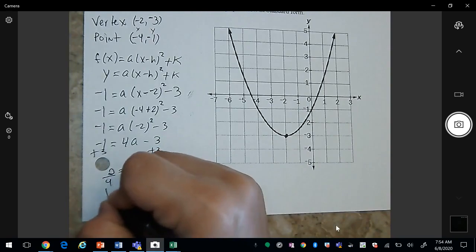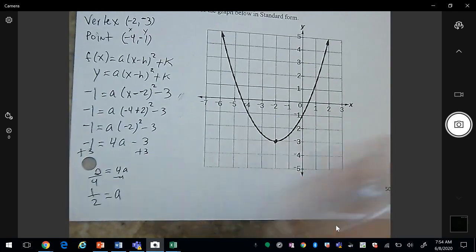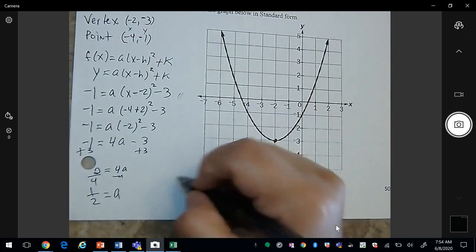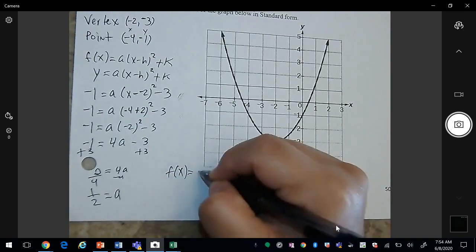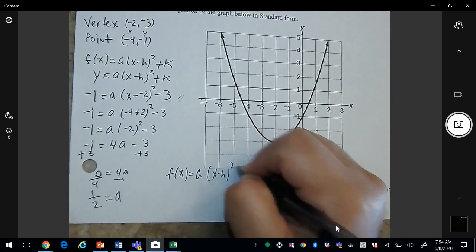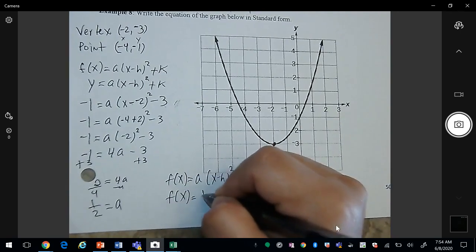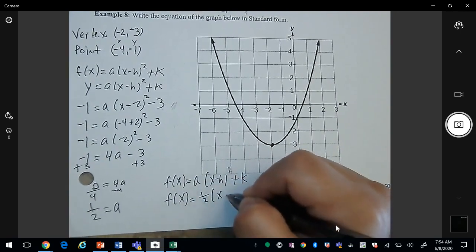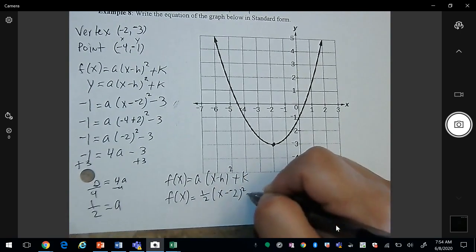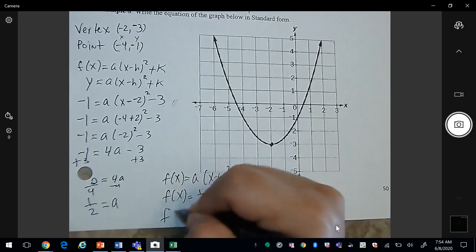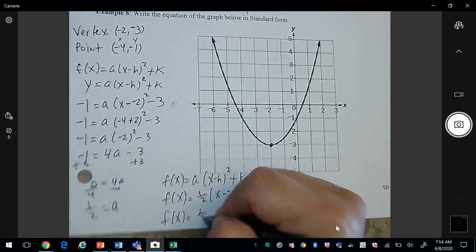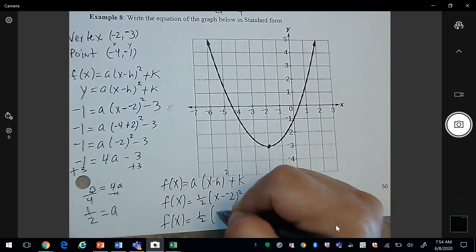So a is equal to 1/2. Plug it back in. So a is 1/2. H is -2. And k is -3. Negative negative is +2.